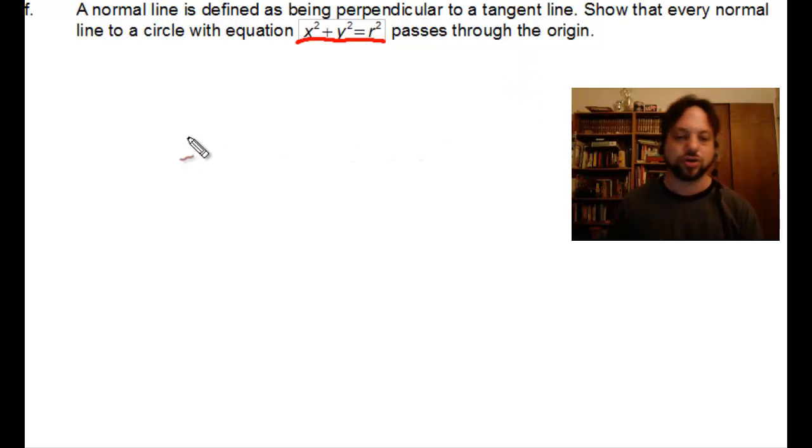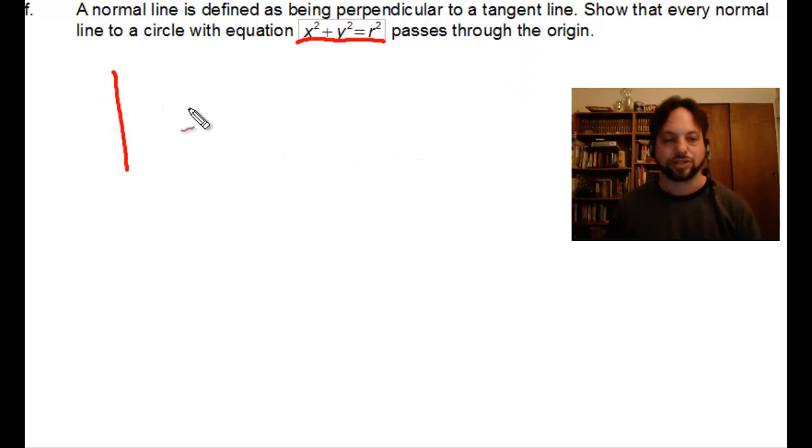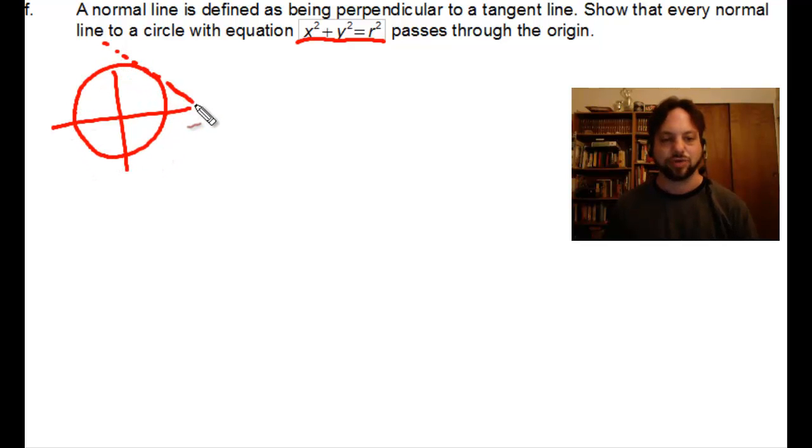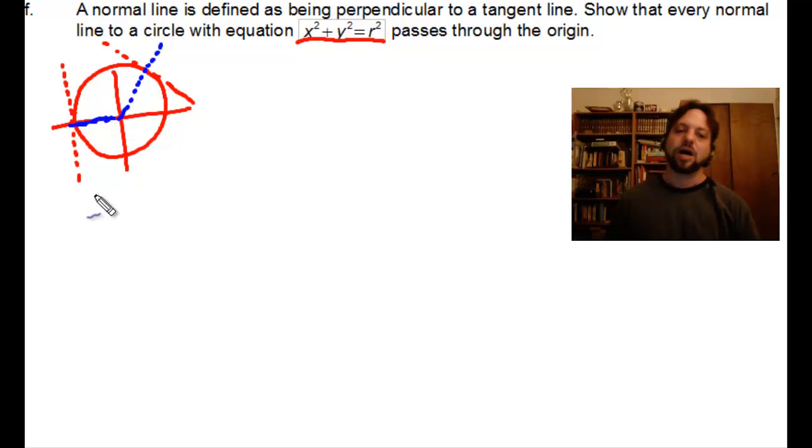Now clearly we can show this using geometry, or we can draw pictures and say, oh, well, here's a circle, it's centered at the origin, and no matter what tangent line I draw, it's clear that the normal line for it will hit the origin. And you could say, oh, well, here, let me draw another tangent line. Oh, that's a nice one. And the normal line to that, again, passes through the origin. But those aren't the kind of proofs we're doing here in calculus.